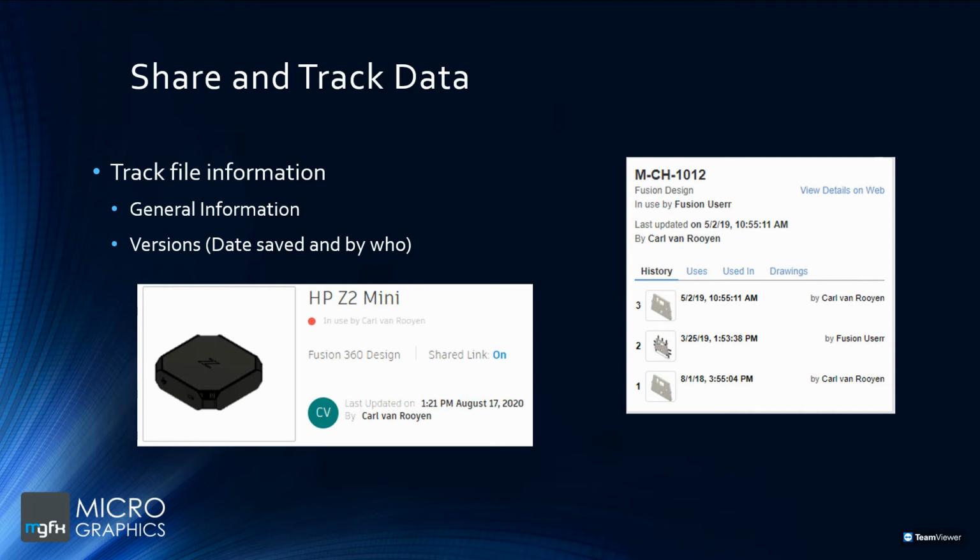So there's some information there regarding the file type, and its share link is on. Basically, that means that it has a link associated to it that allows people to view it online. And then in the bottom of that window, we can see it was last updated on August 17th, 2020 by myself. So that was the last time that file was saved.